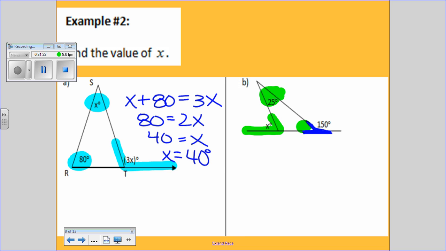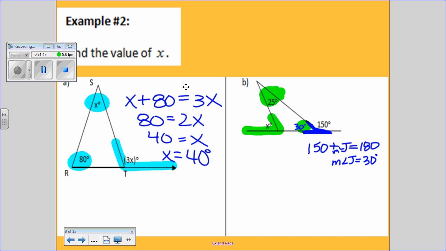What do we know about a linear pair? They add to 180. So 150 plus, let's call it J, equals 180. So that means the measure of angle J is 30 degrees.